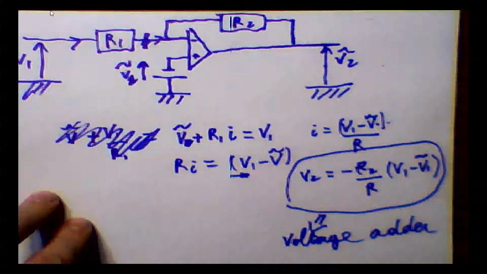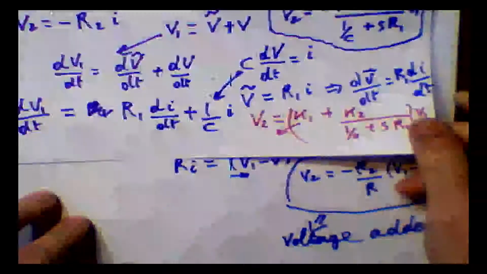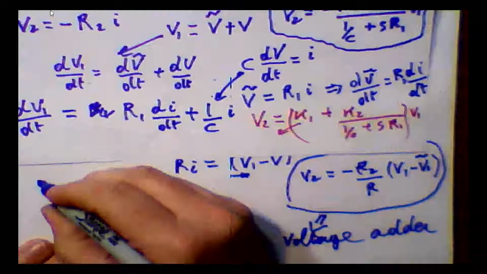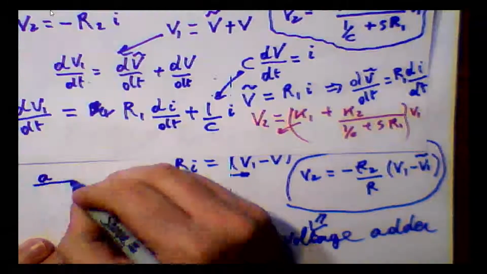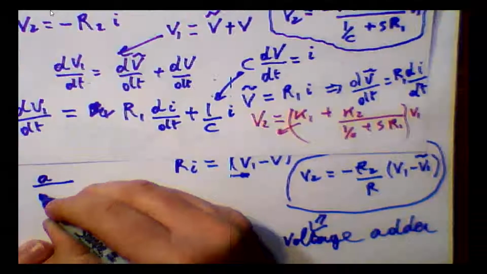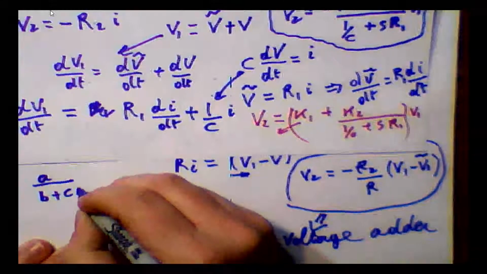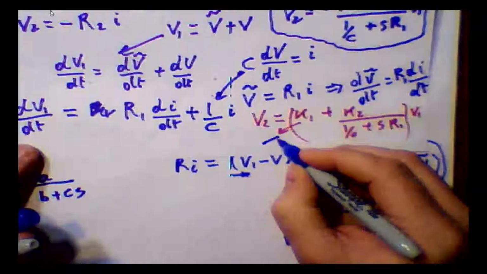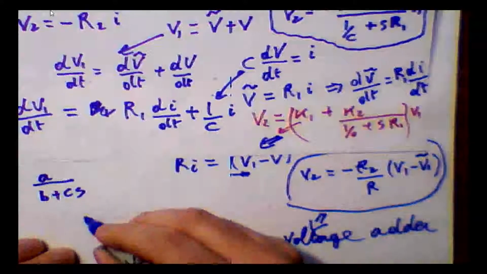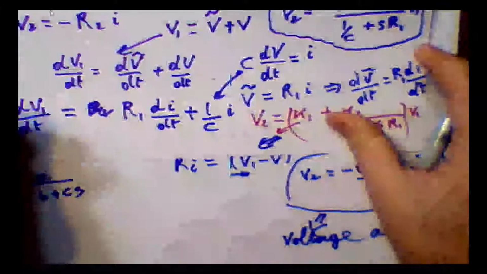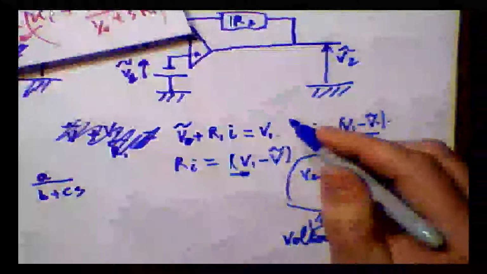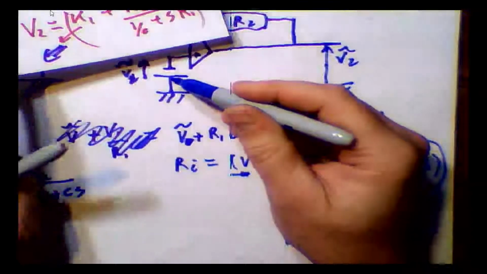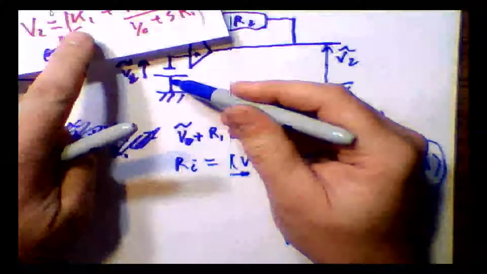Now, a way to get something of the form A over B plus CS might be to take this guy on one of the circuits, and on the other circuit, feed it through there in order to feed minus K1.